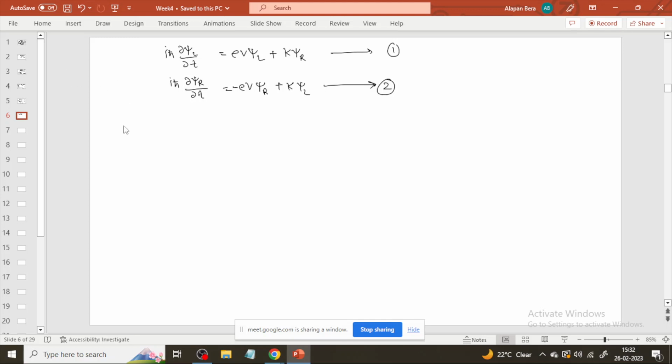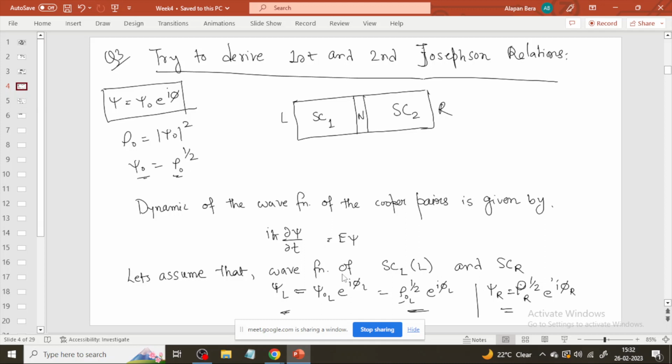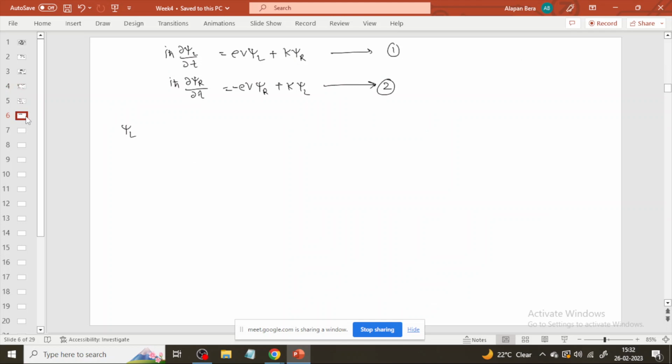Now let's prove the value of this psi L. So the value of psi L is assumed to be this expression. Putting this in equation 1, what do we get?